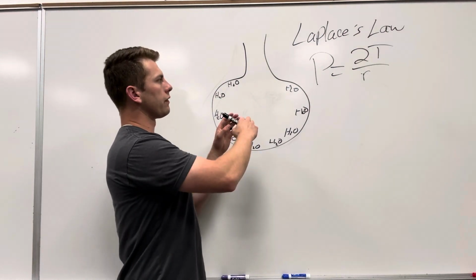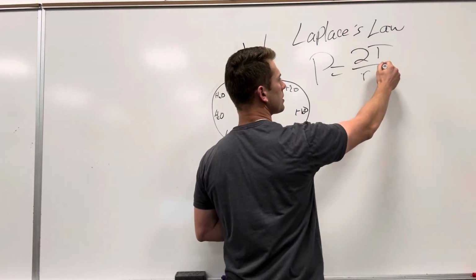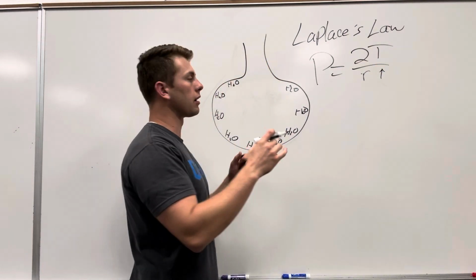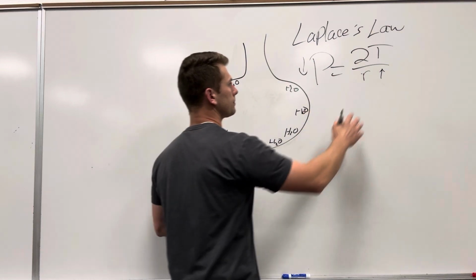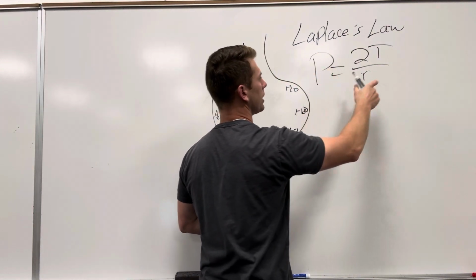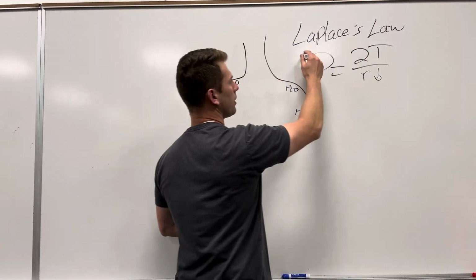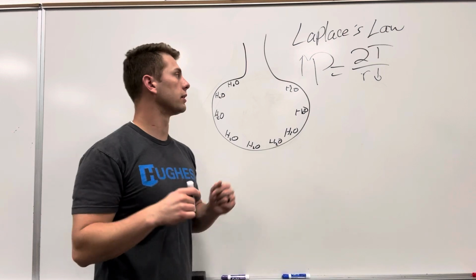So if we have a big radius, if this increases, the pressure pushing in on this alveolus is going to decrease. If we have a very small radius, so if this drops, then pressure is going to increase. There's just more pressure pushing in.